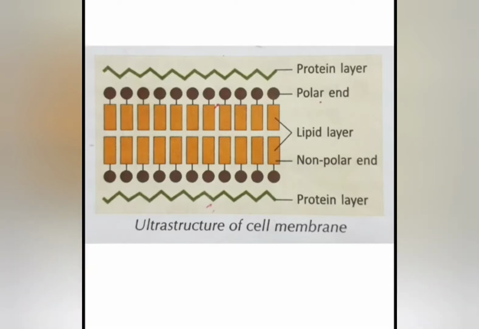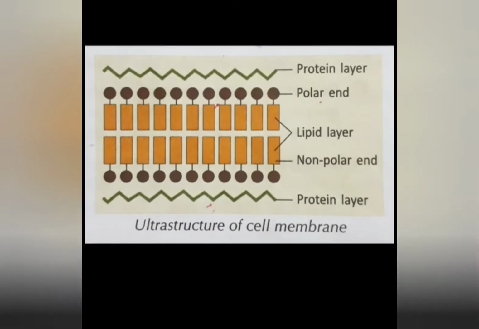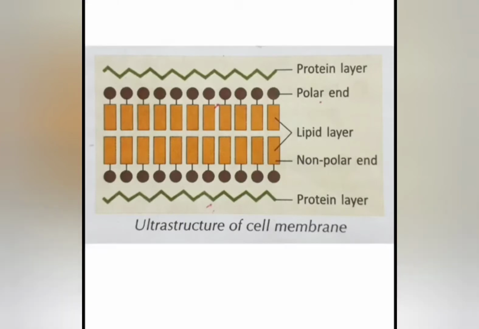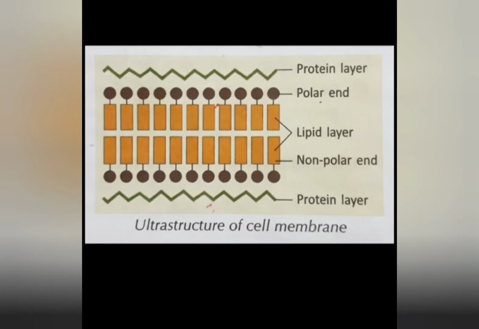So the polar end is hydrophilic, that means it loves to be near water, and the non-polar tail part, the yellow colored portions of the lipid layers, are the hydrophobic portions, phobic meaning to fear something.